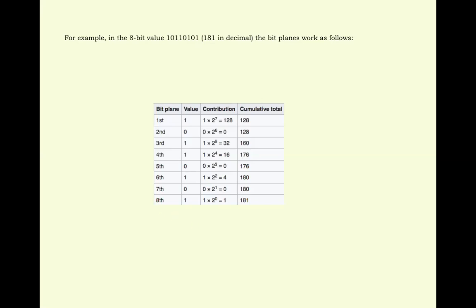Next is 0, so no value. Next position is 1, and the corresponding value is 4. Next bit again 0, so no value. Next is 2 to the power 3 into 0, 0, then 2 to the power 4 into 1, 16, 2 to the power 5 into 1, 32, and the MSB is 128.